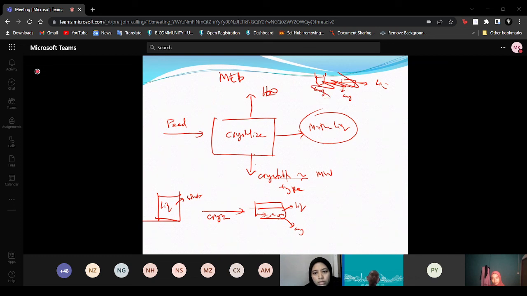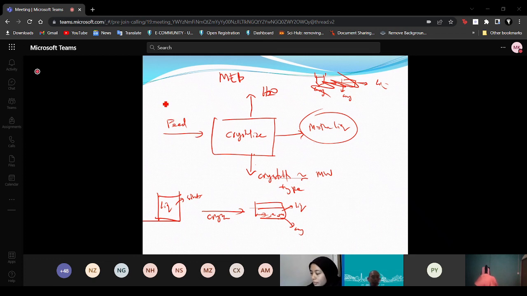So the mother liquid is basically the liquid where the crystal is not forming after the crystallization. Can you understand? Yes, Doctor. So you separate the solid, the crystal, and also the liquid.